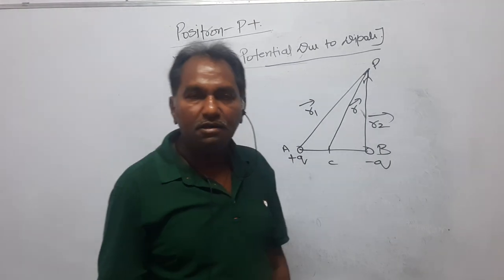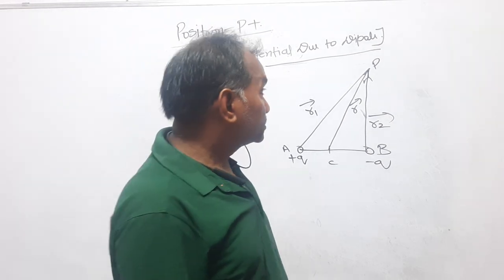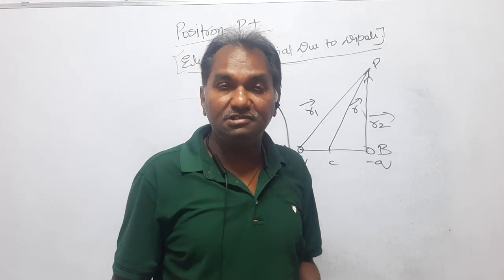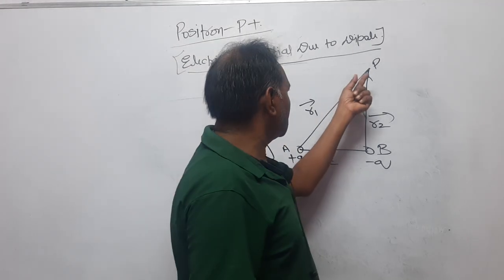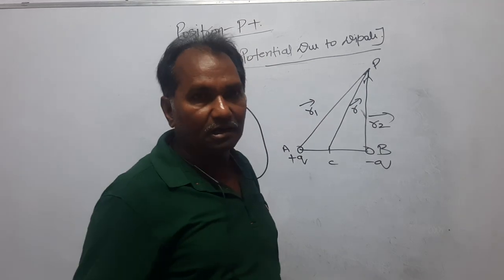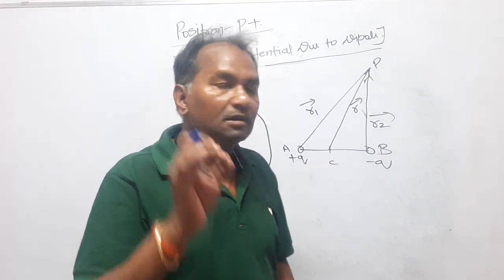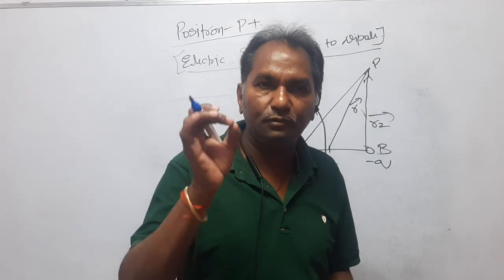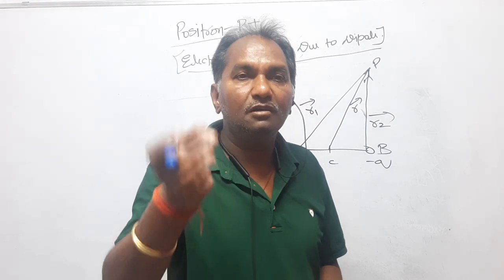You know, electric potential is a scalar quantity, so you cannot show the potential by a diagram, because a scalar quantity cannot be drawn here. So in order to find the potential at a point due to many charges, we take the algebraic sum with sign.